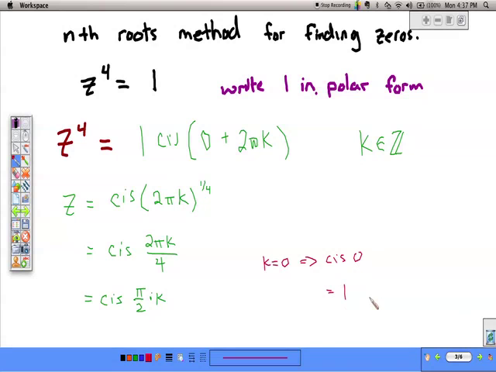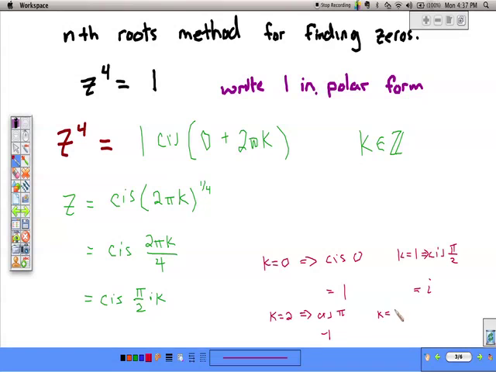Cosine of 0 plus i sine 0. k equals 1, we're going to look at CIS of pi over 2, which is equal to i. k equals 2, CIS of pi, cosine pi plus i sine pi. This is equal to -1.